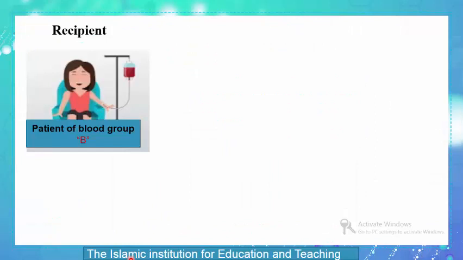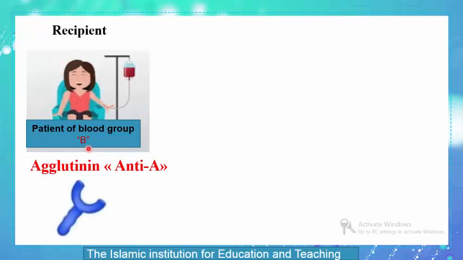As we mentioned at the beginning, we must write the agglutinin of the recipient, then we start writing the agglutinogen for each donor. So back to this patient, it's of blood group B, meaning agglutinin A exists in the plasma. Now let us see the agglutinogen for each donor.